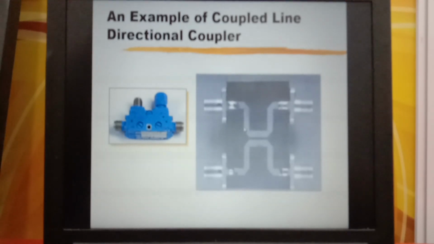The 4 ports are connected to separate connectors, and it can be put inside a box with 4 connectors that look like this. Typically, one of the output ports is terminated by a matched load. That is the isolation port.